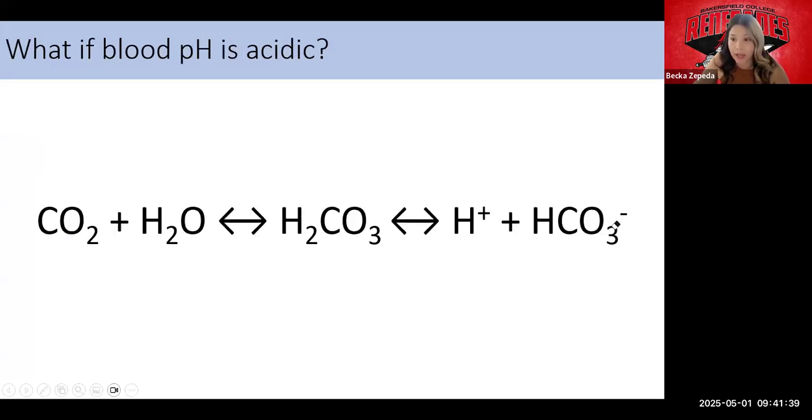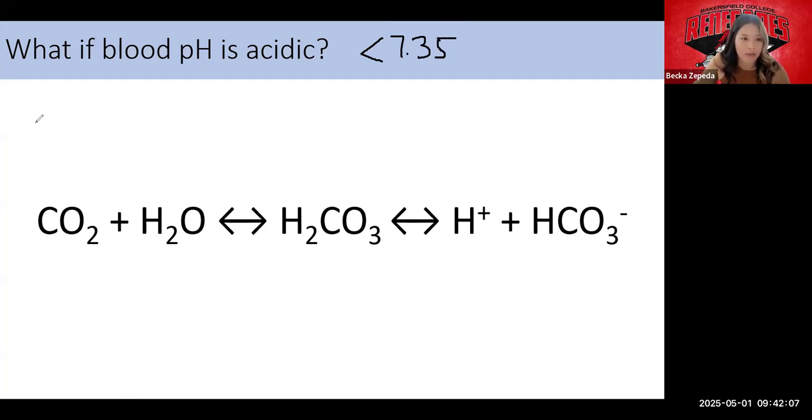Now, why or how does that happen? If blood is acidic, we are going to expect a pH that is less than our normal range. It's going to be less than 7.35 if we are acidic, because remember the normal range is between 7.35 and 7.45.